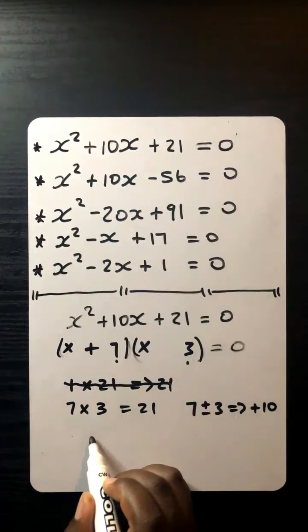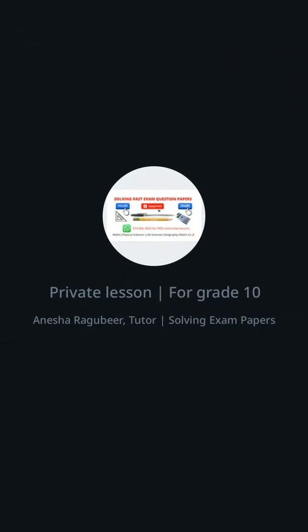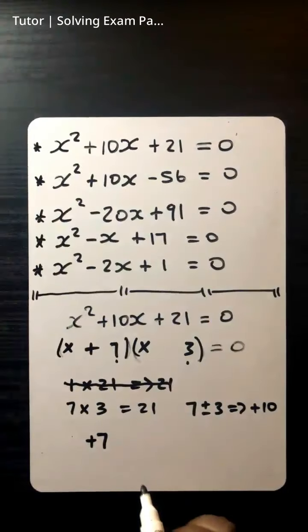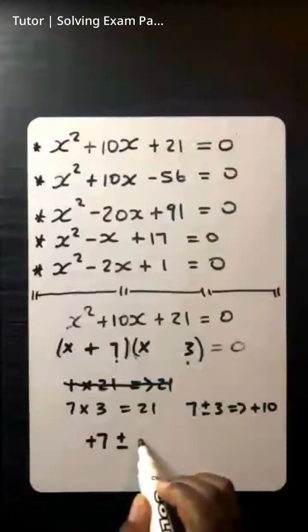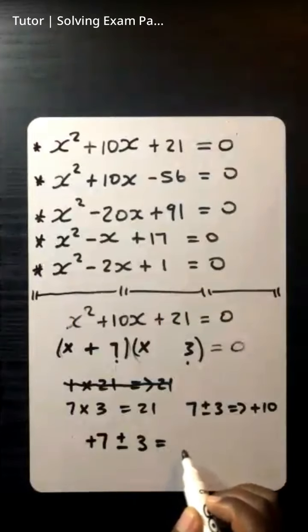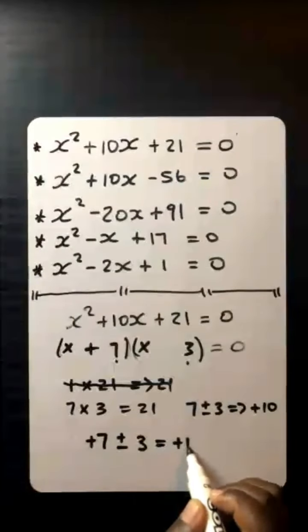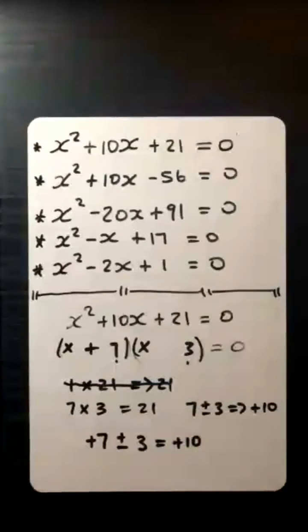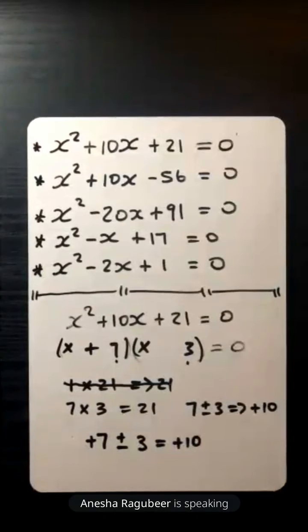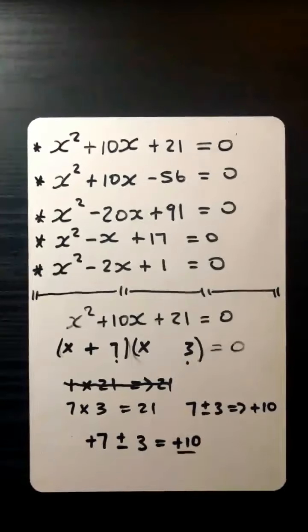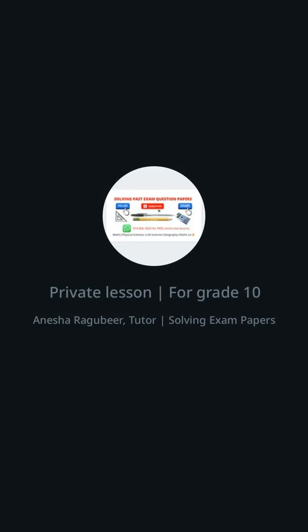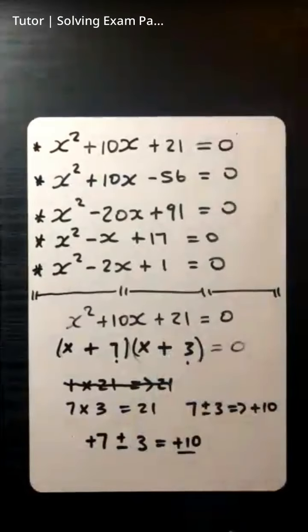You're going to say positive 7, is it a plus or a minus 3, which is going to give you a positive 10? So it's a plus 3, which gives you positive 10, isn't it? Yes, sir.